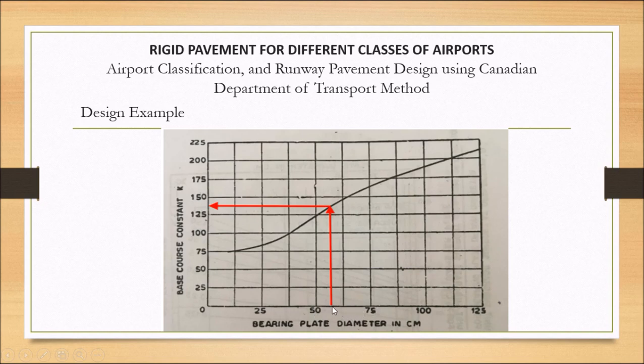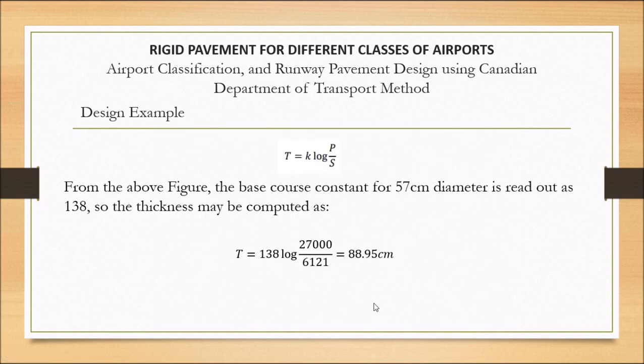So 57 will fall in this region. That's why we mark it red, and then move to the left. We have 130, because this is 100, this is 125, this is 150. So around 130 something. So if we go back, we'll see that from there our K is 138. So I got that from the graph.